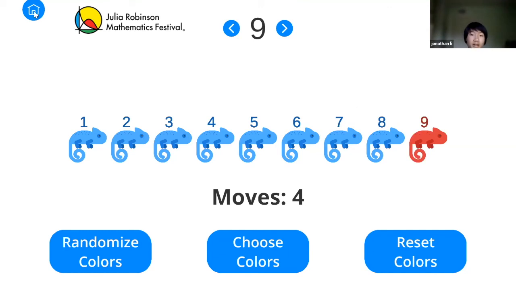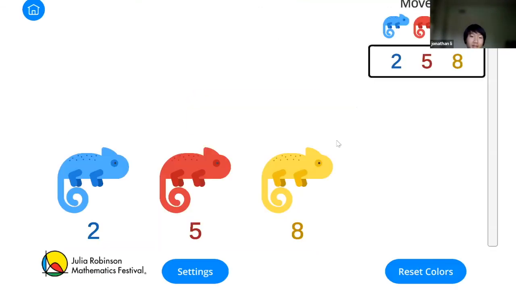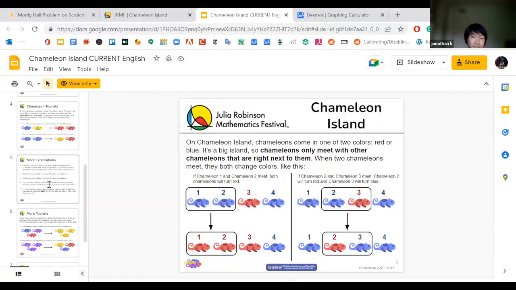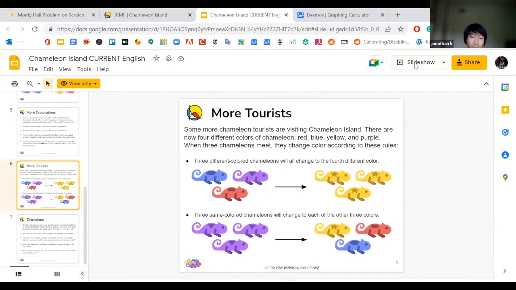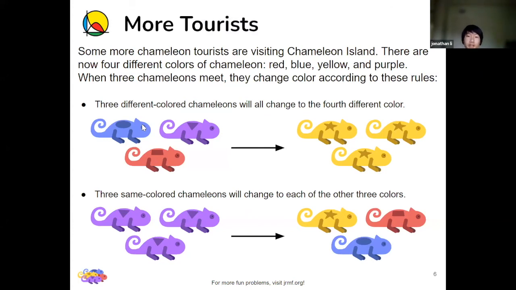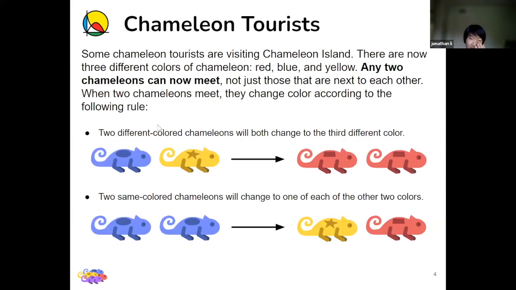All right, cool. So now let's move on to something a little bit more complicated. This is for 3 chameleons. Let's go over how they change colors. So this is for 3 chameleons.